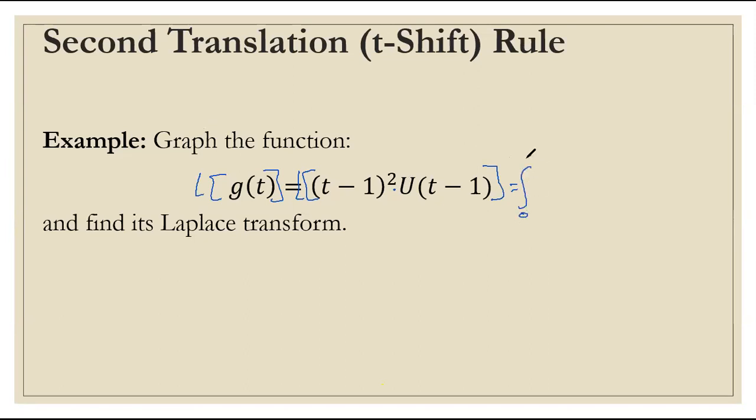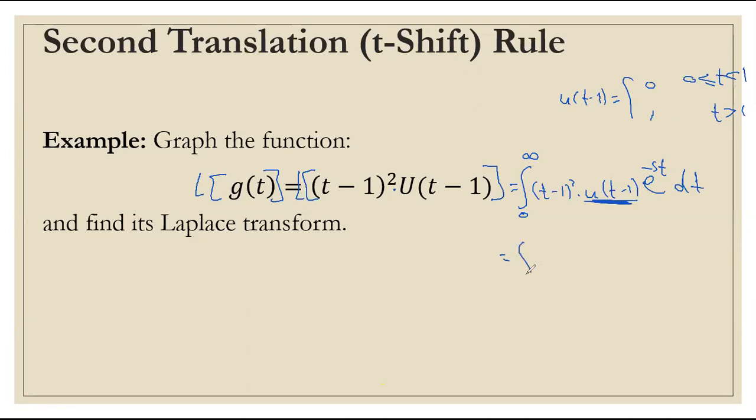Yes, integral from 0 to infinity of my function (t minus 1) squared times u(t minus 1) times the exponential negative st dt. Now this u has two different values. Don't forget u(t minus 1) may be 0 or 1: 0 when your t is less than 1, and 1 when your t is greater than 1. So how to continue? What should I do?